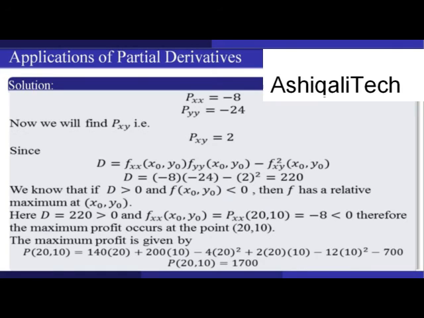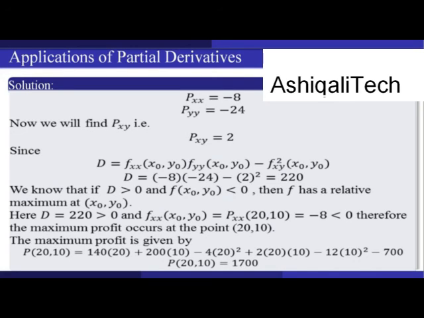Now we know the formula for D, that is f_xx at the point (x0,y0) multiplied by f_yy at the point (x0,y0) minus f_xy square at the point (x0,y0).